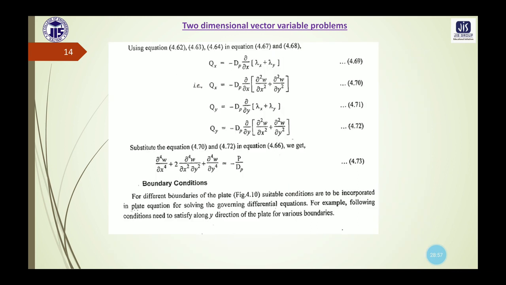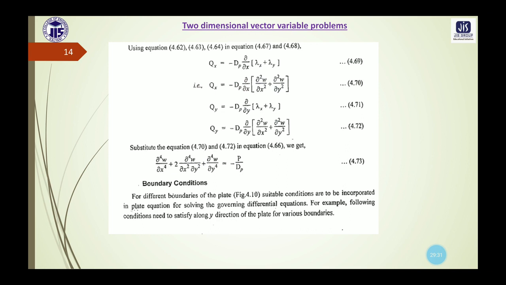Now using these equations, and after the rearrangement, we will get the value of qx, that is qx equals minus Dp del del x of lambda x plus lambda y, that is qx equals minus Dp del del x of (del 2w del x2 plus del 2w del y2), which is equation 4.70. In a similar manner, we get qy as equation 4.72.